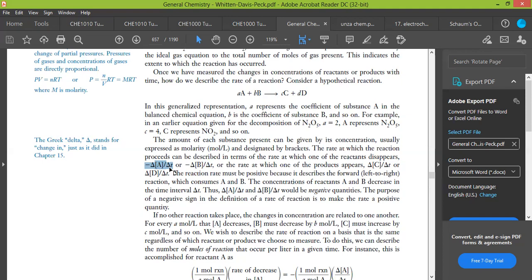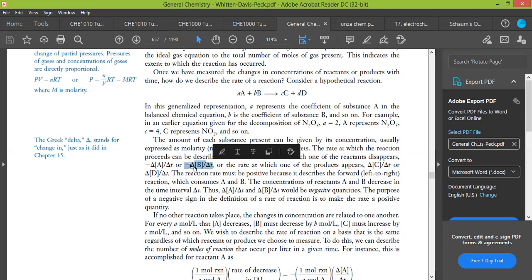If you are measuring with respect to B, you are going to write the negative change of B over change in time. So all those equations we are writing are what? Rate equations. Now, this is with respect to reactants.